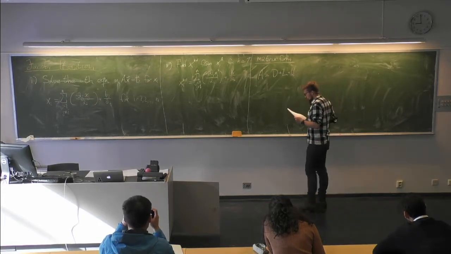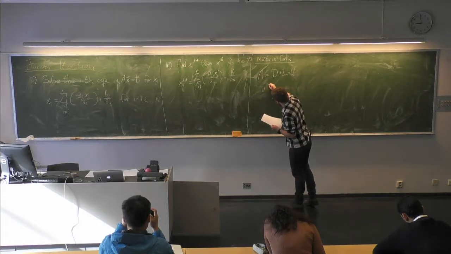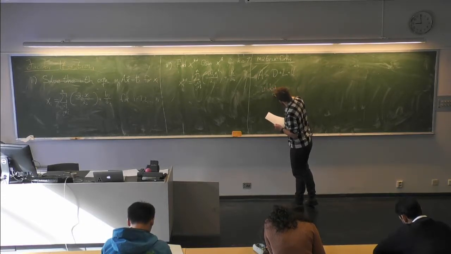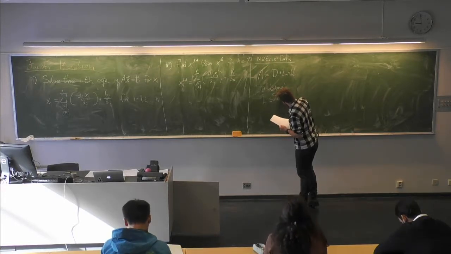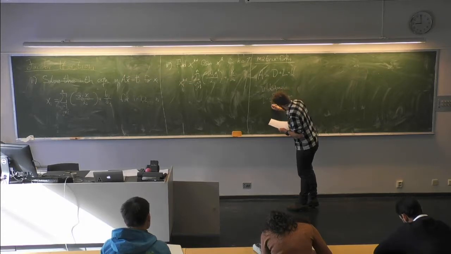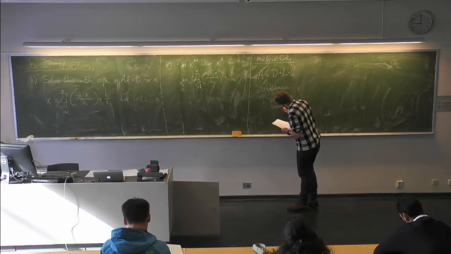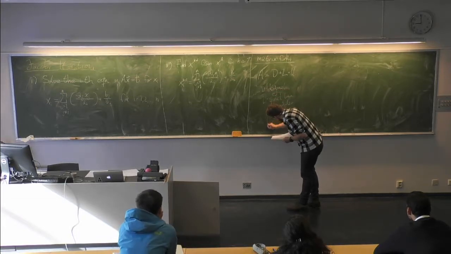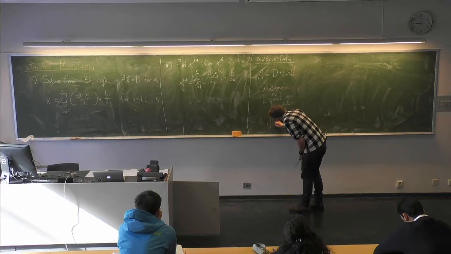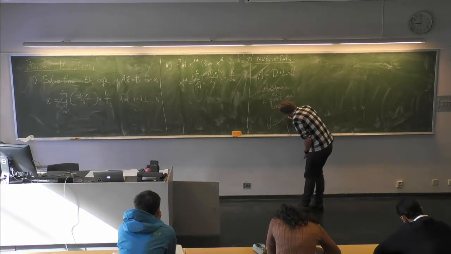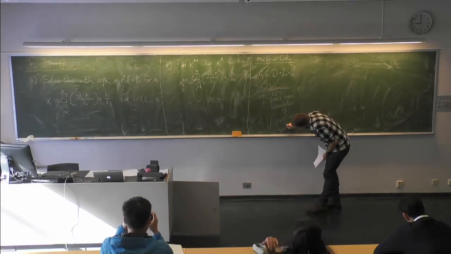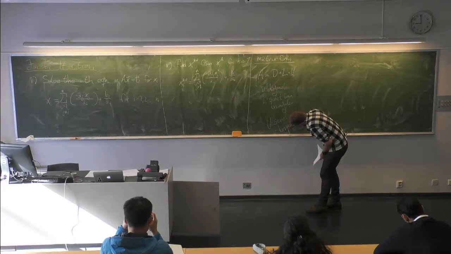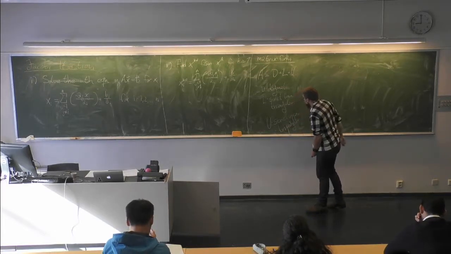So D is the diagonal part, L is the strict lower triangular, and U is the strict upper triangular, like so.